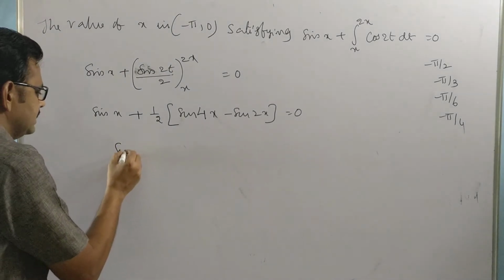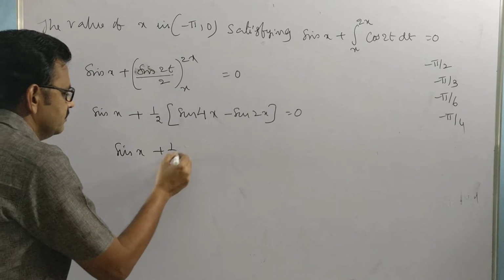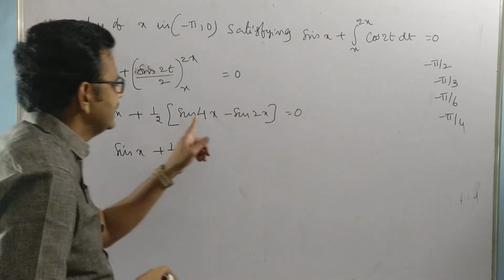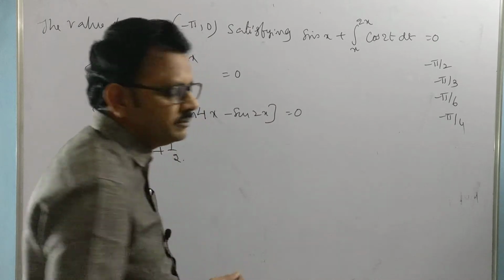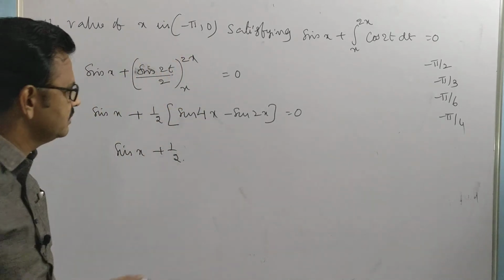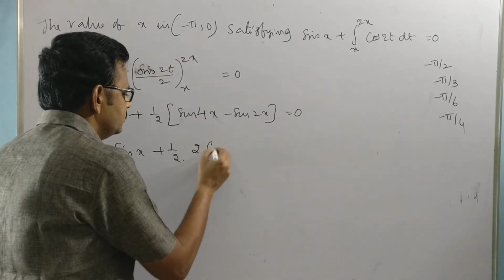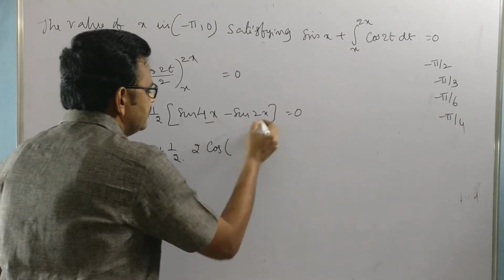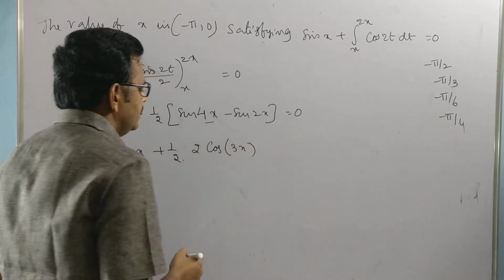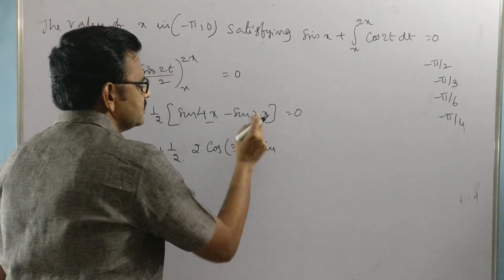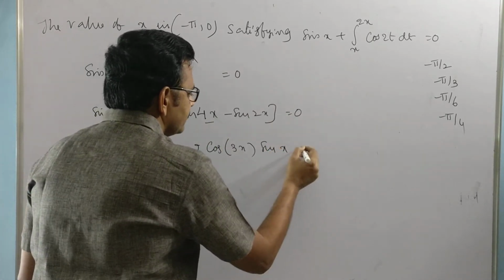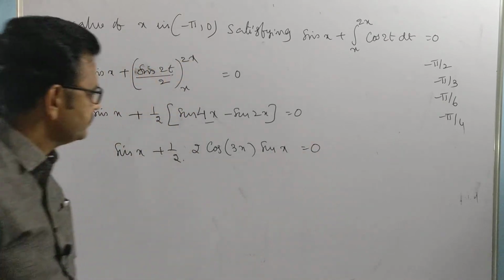So this is sin x plus 1/2 into, now this is the sin C minus sin D form. What is sin C minus sin D? It is 2 cos((C+D)/2) sin((C-D)/2). So this is 2 cos 3x into sin((4x-2x)/2), that is sin x, equal to 0.